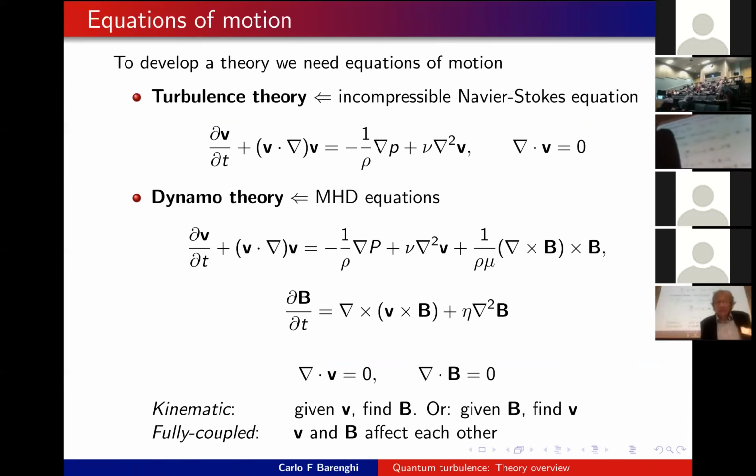So it's kinematic. It was only in the mid-90s, really, when computers became big enough, that it was possible to solve V and B together. So we have something which we can call fully coupled MHD equations to study our dynamo. Okay, so I make this remark because we'll see that it's relevant to some effects in our quantum turbulence.